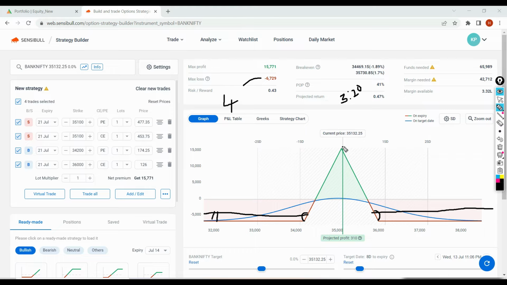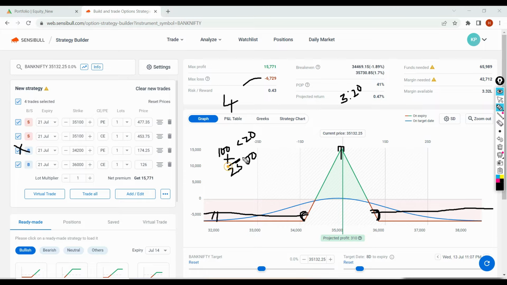Done. We are done with the case where the market opens flat and stays in the middle on Friday. You just move your put wing up and call wing down, and get it to 34,000 or 34,100. There is a simple rule: for every 100 points, if you are giving less than 20 rupees, that should be fine, because you are reducing 2,500. 100 into 25, the Bank Nifty lot size, is 2,500.